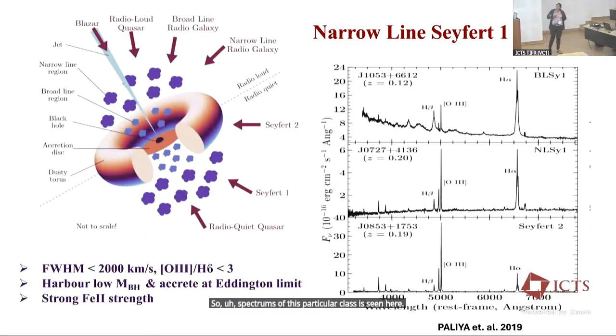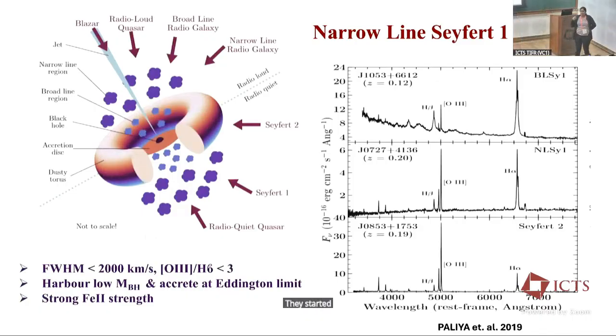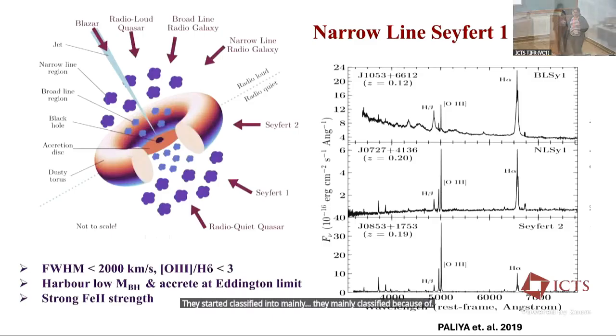This class itself got divided into two main categories: one is broad line Seyfert 1 galaxies, and another one is narrow line Seyfert 1 galaxies. They are mainly classified because of two things. First is the line H beta, and the second one is the flux ratio of O III by H beta.